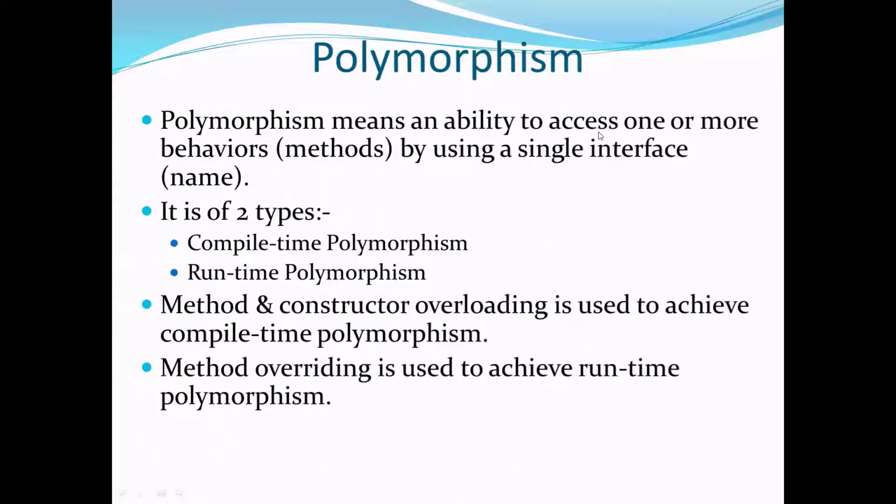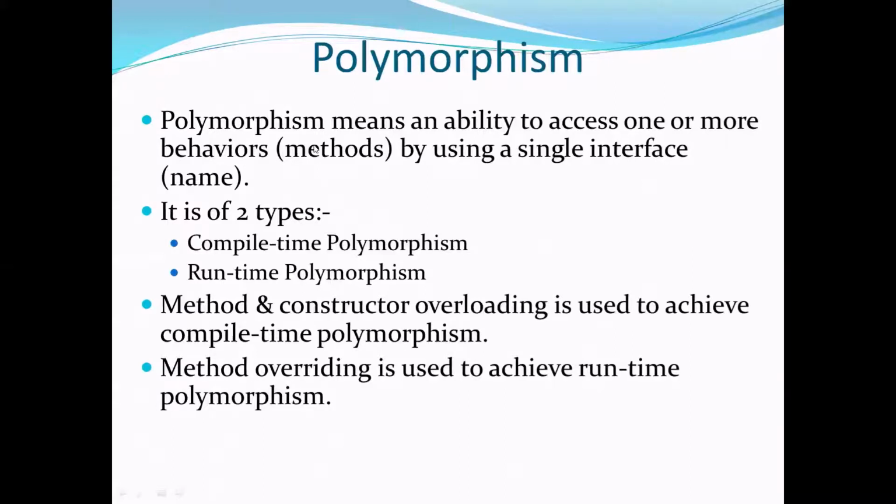But the behavior remains the same, that is, you are talking to each other. But as you talk to your parents, you won't talk that way with your friend, or with your teacher or any other person. So this is how polymorphism exists, or polymorphism is applicable. So this is the behavior of human.